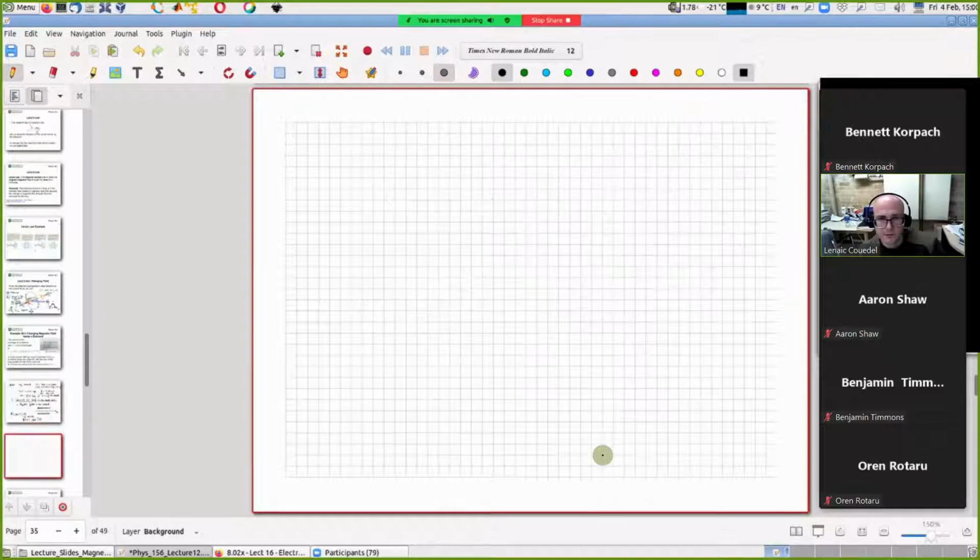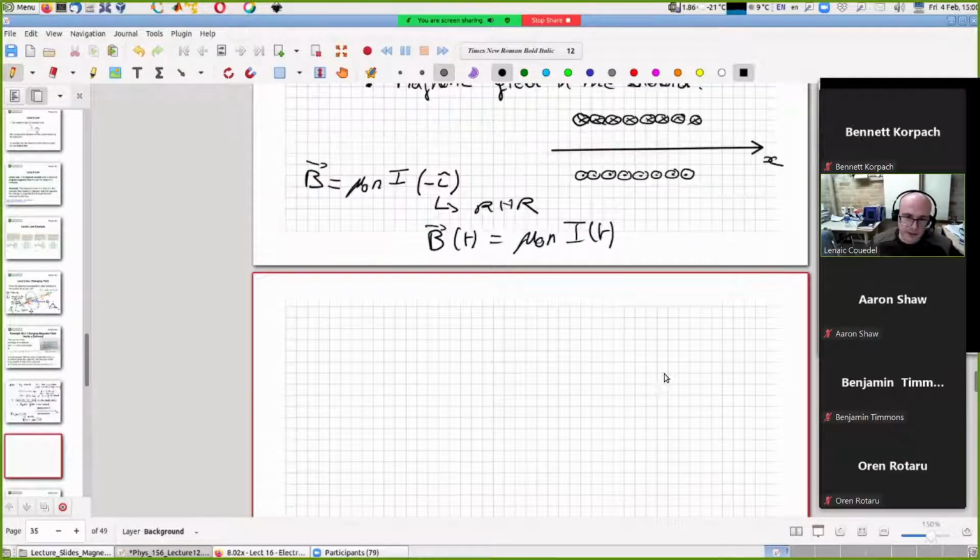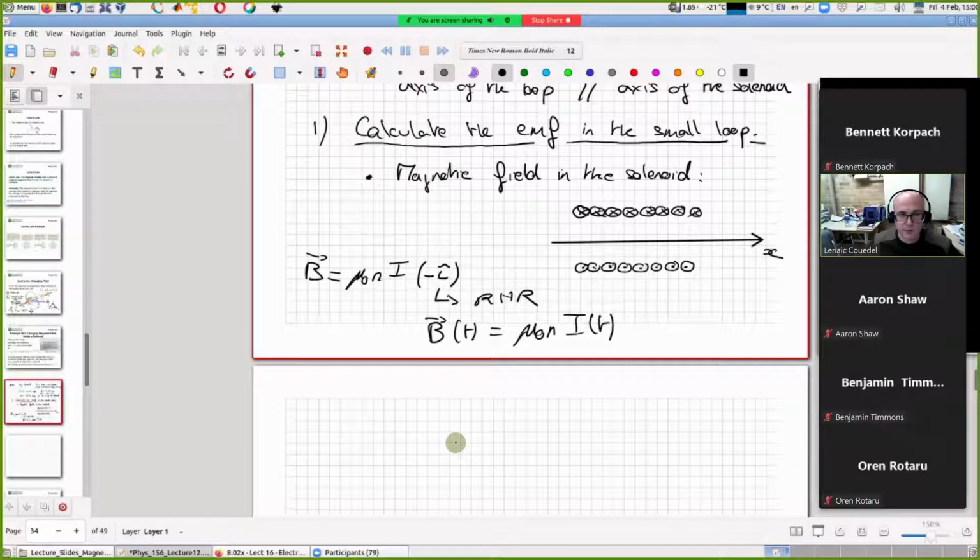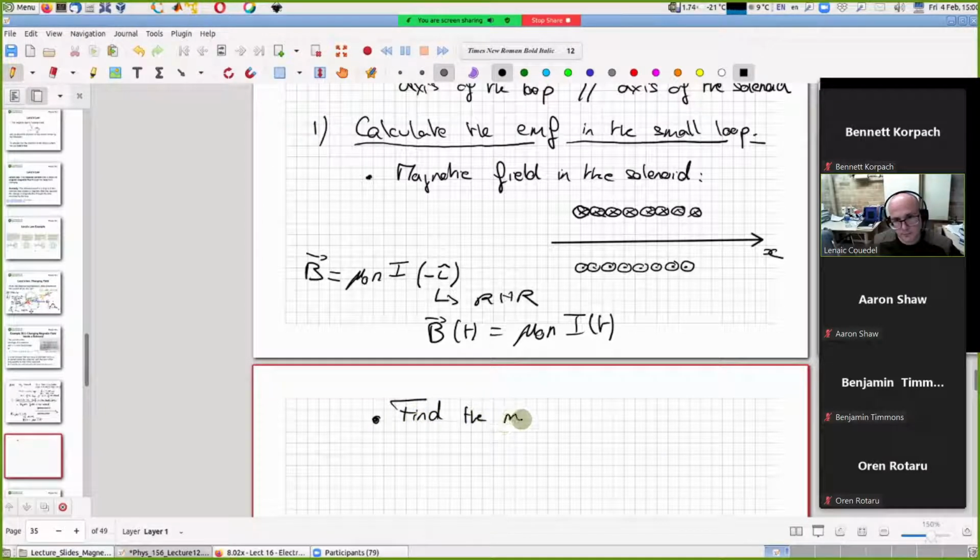So now if we want to get to the EMF, we need to find the magnetic flux through the small circular coil.